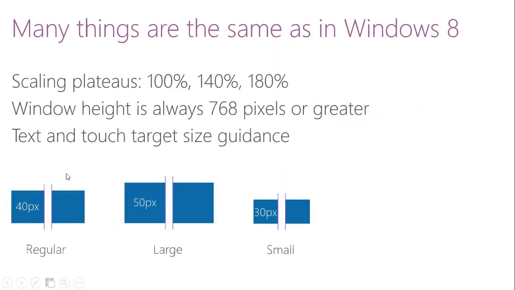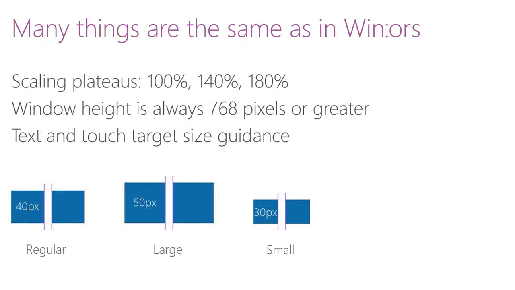So how you actually do that is the same thing. Many things are the same in Windows 8.1. The scaling plateaus remain 100%, 140%, and 180%. All you have got to do is define assets for all of these three scaling plateaus, and then the operating system will pick up the appropriate asset from your application and display it according to the resolution of the device.